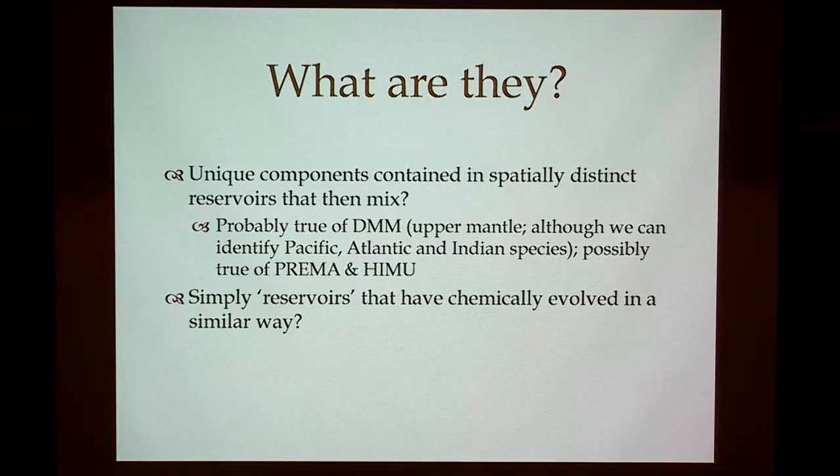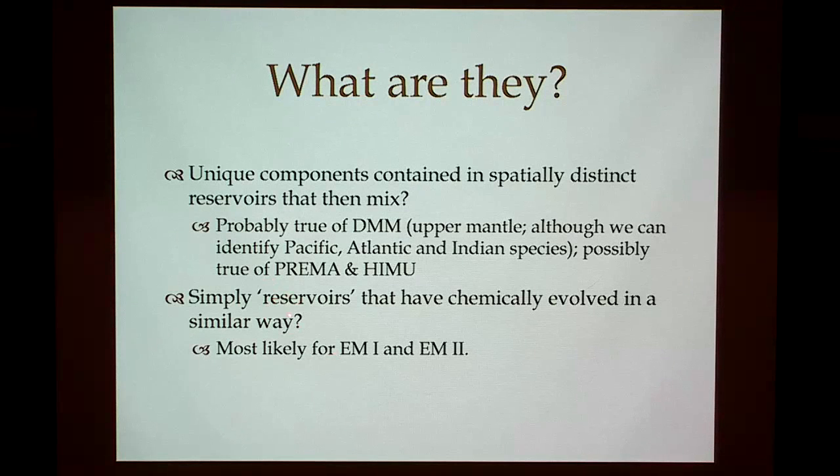Okay, so right now, this also might be true of prima and the high mu. At least it does seem to be something that mixes with almost everything else. And the high mu, I'm going to show you this in a while, actually does seem to be quite a unique component. There seems to be only one high mu, but this is not true of the EM1 and the EM2.